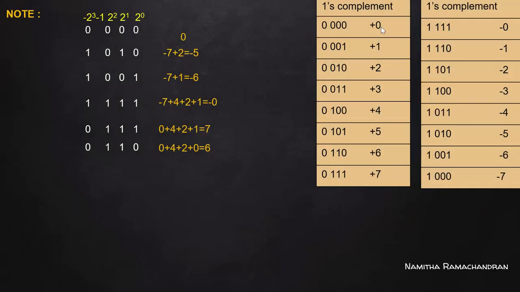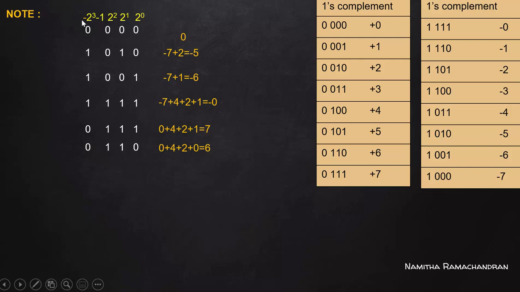In 1's complemented representation, the range is minus of 2 to the power n minus 1, minus 1, to plus 2 to the power n minus 1, minus 1. Based on that, we can represent the positional weightage in case of 4-bit representation like this: 2 to the power 0, 2 to the power 1, 2 square and minus of 2 to the power 4 minus 1, minus 1.